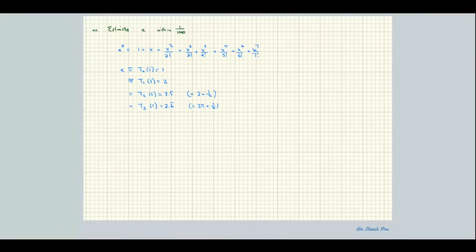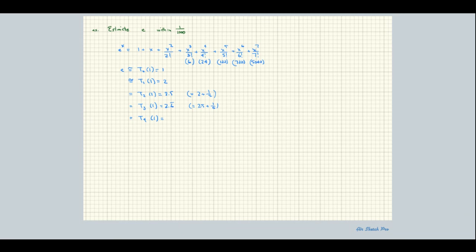Now let's ask for the next one. T4 of 1 is what? I'll point out, guys, that 4 factorial is 24, 5 factorial is 120, 6 factorial is 720, and then 7 factorial is 5040.